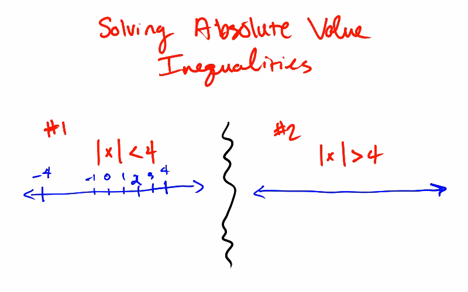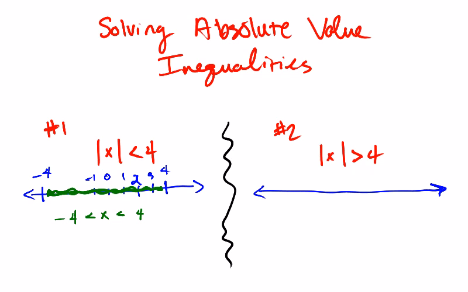So one thing we see is that all the numbers that work are in between -4 and 4, and a way to write that as an inequality is -4 is less than x is less than 4. It's called an and compound inequality.